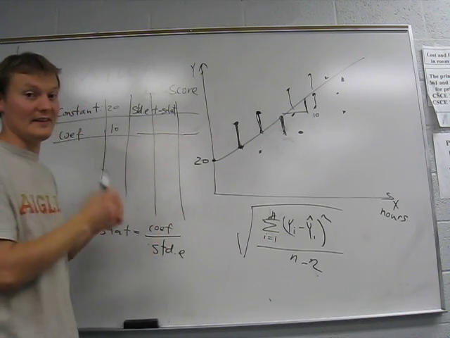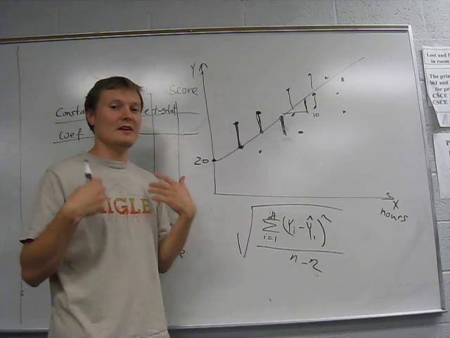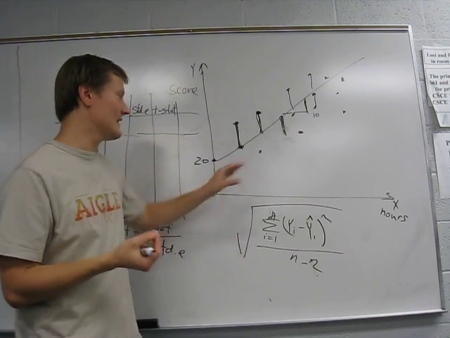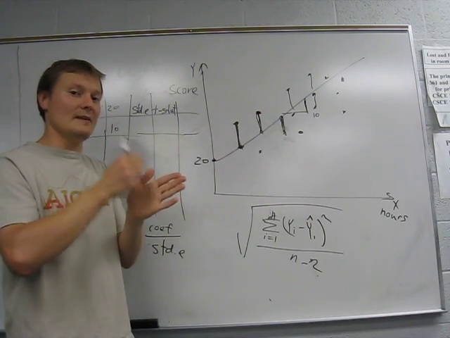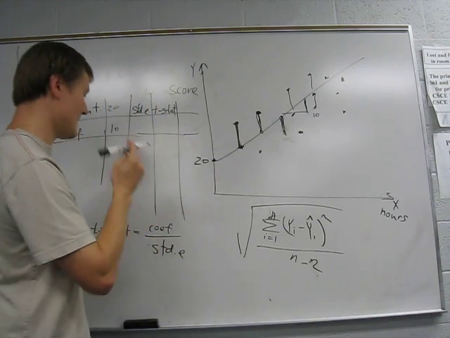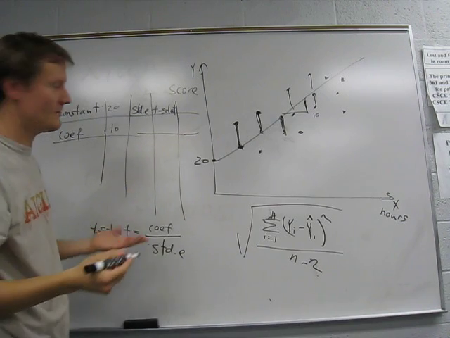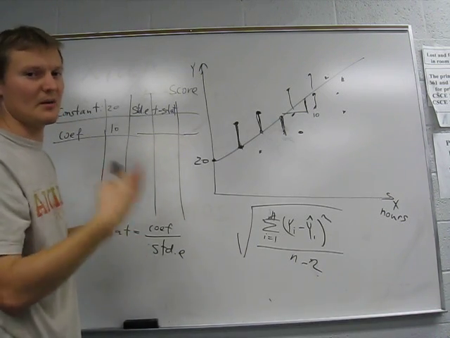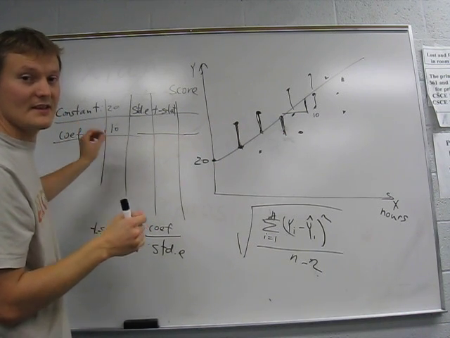And remember that the larger the t-statistic is, the more likely it is that we can reject the null hypothesis. And what is our null hypothesis in this case? It is that the beta, or the coefficient, or the intercept, but I'm just going to talk about the coefficient, is equal to 0.